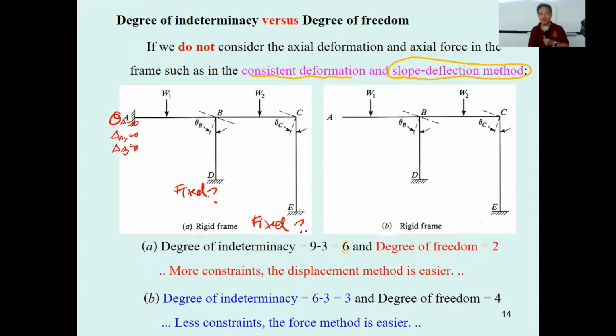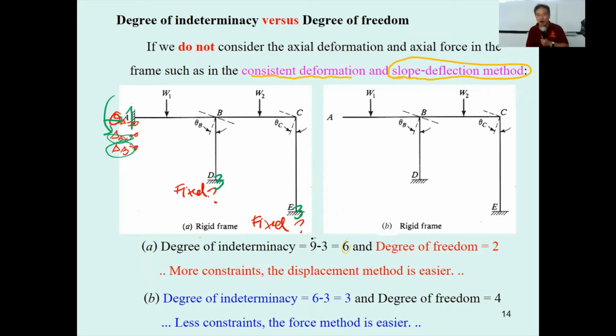When it's fixed, it's going to provide you the force, this one corresponding to x, this one corresponding to y, and the moment. So when you fix it, you're going to provide the reactions, the force and the moment.